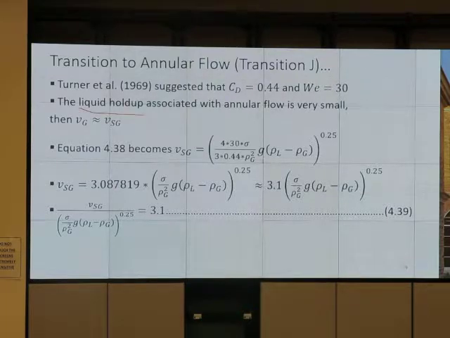The liquid holdup associated with annular flow is very small, not just in the core but everywhere. If we are going to have annular flow, we cannot have too much liquid. Let's assume Vg is approximately VSG.